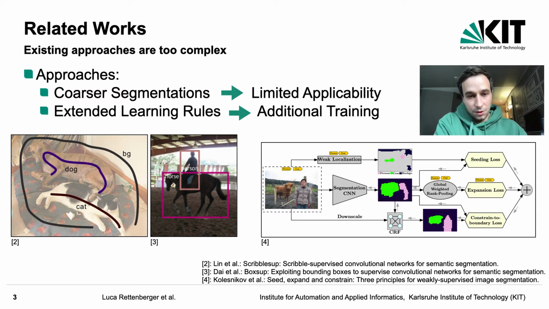And since those extended learning rules are extended, they do have more parameters than the traditional segmentation networks, which also means you will need longer training and more labeled samples to work with those. So those are usually not an option as well.